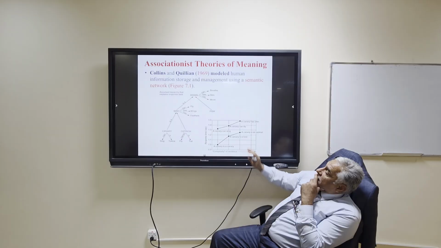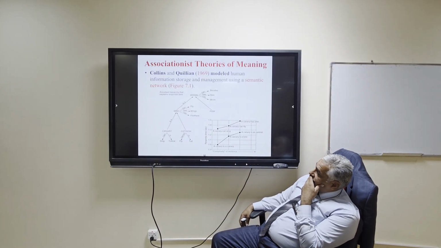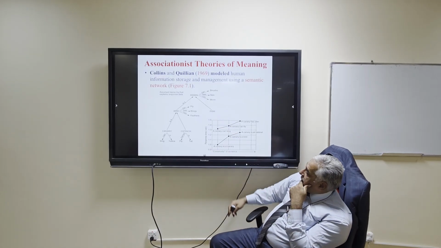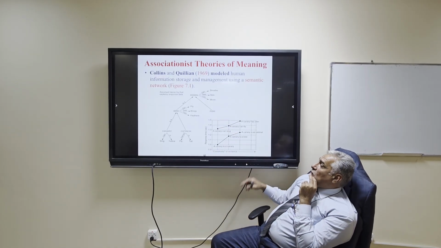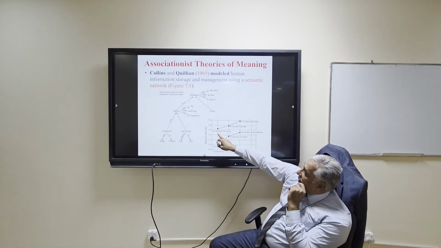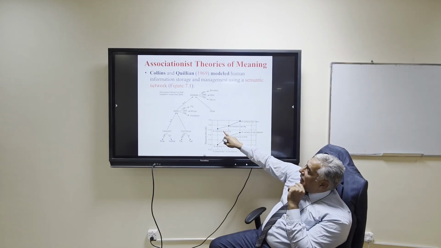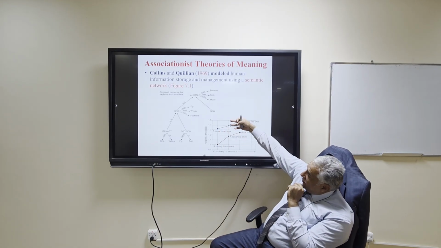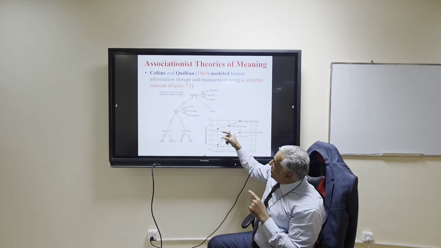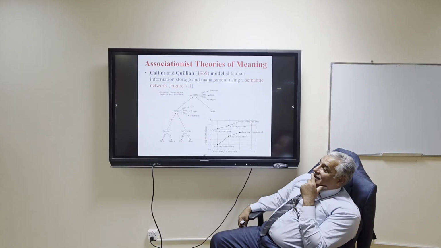Now this figure represents the time of arriving at the statement. For example, this axis represents the time, and this represents the complexity. The time for a canary can fly is longer than the time for a canary can sing.